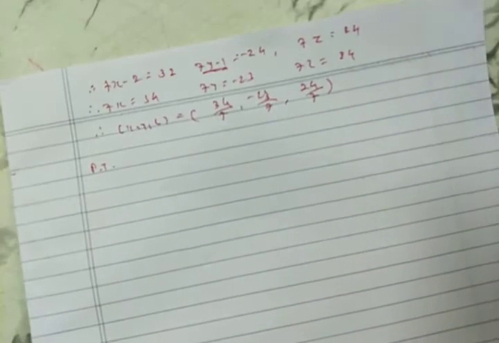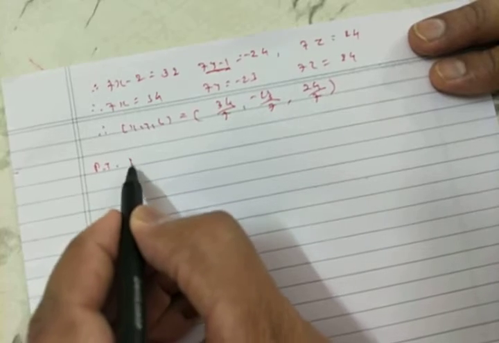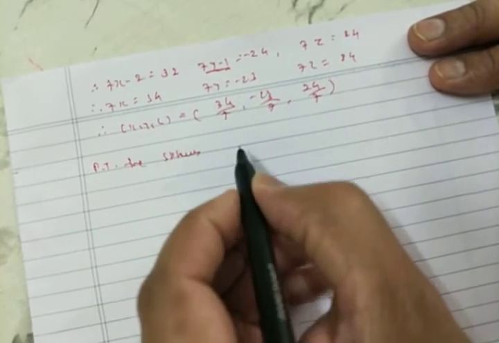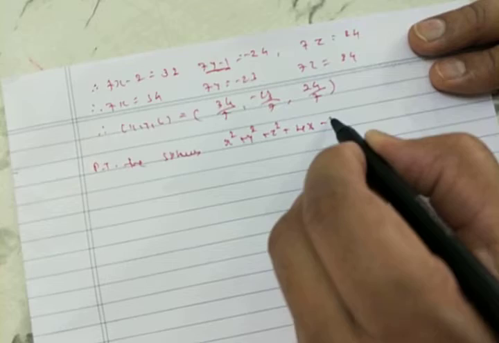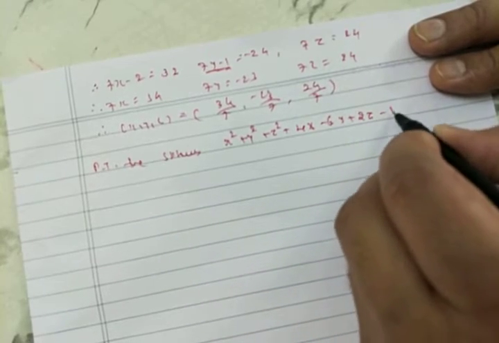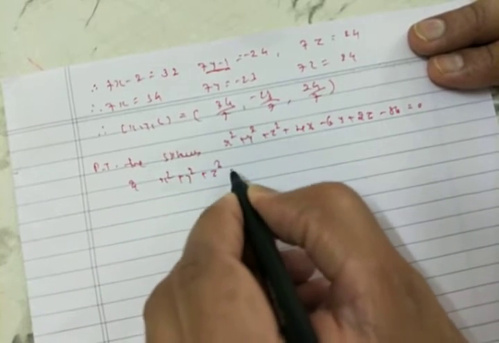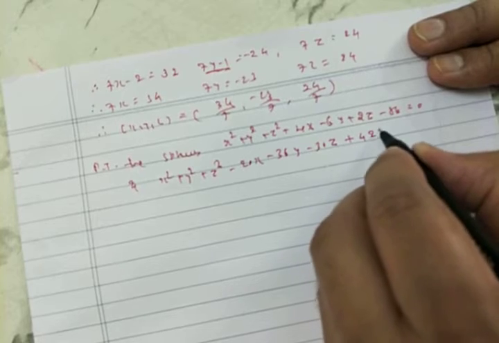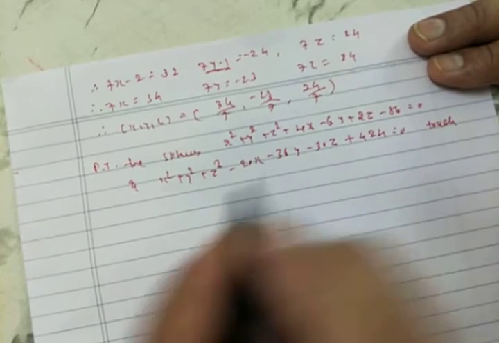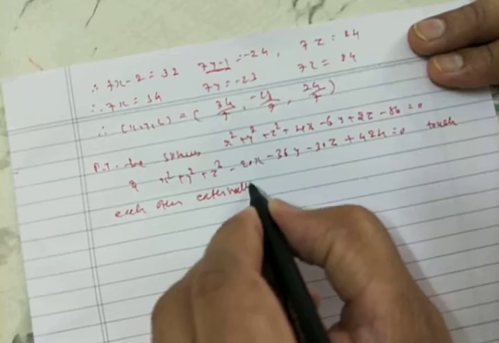Prove that the sphere x square plus y square plus z square plus 4x minus 6y plus 2z minus 86 is equal to 0 and x square plus y square plus z square minus 20x minus 36y minus 30z plus 444 equal to 0 touch each other externally.